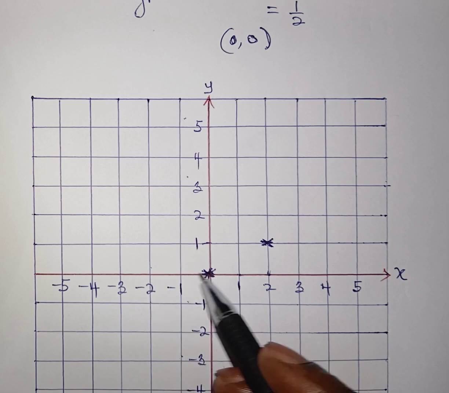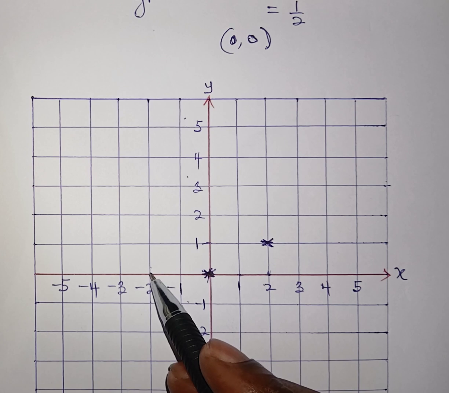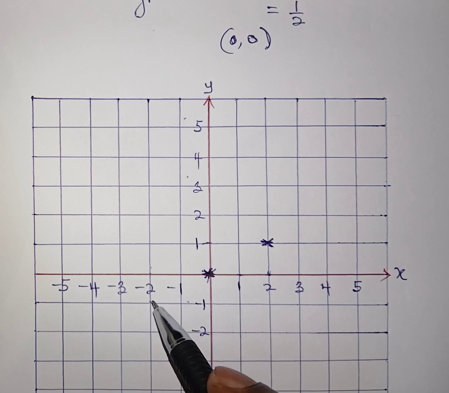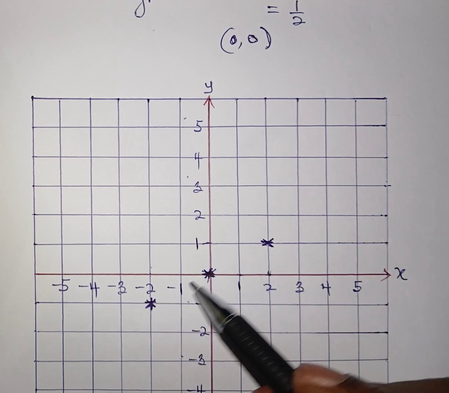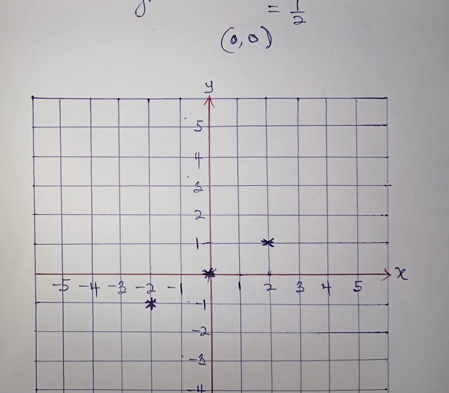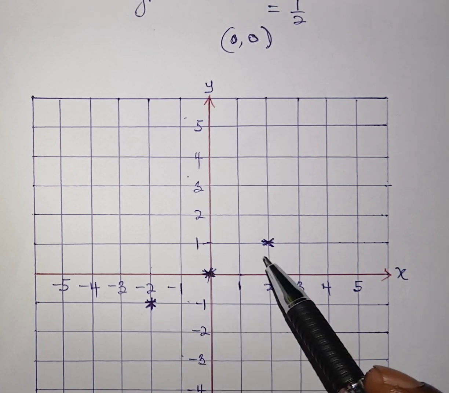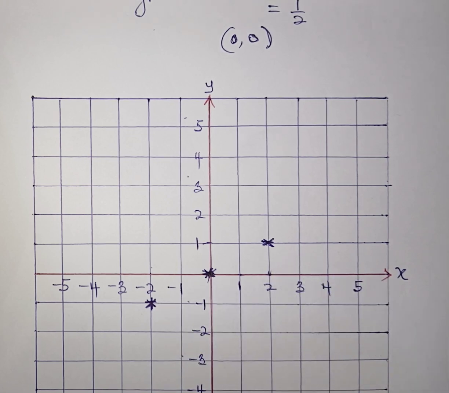So this 1, 2 here, then it falls 1 unit here. So here is where I get this point. As it is going, it is going up like that. Once I have this, I can join my points.